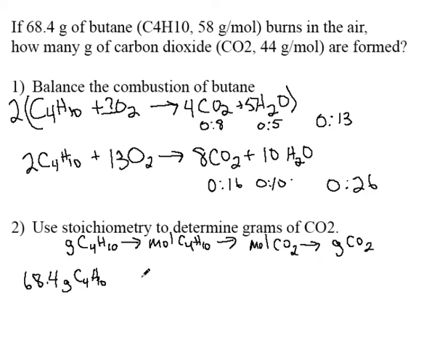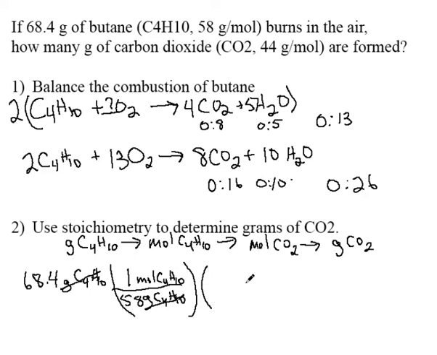So we put what we want, moles of C4H10, over what we have, grams of C4H10. For every 1 mole of butane, we have 58 grams, and that comes from our molar mass that I gave you. The grams of butane cancel, so now we have moles of butane.